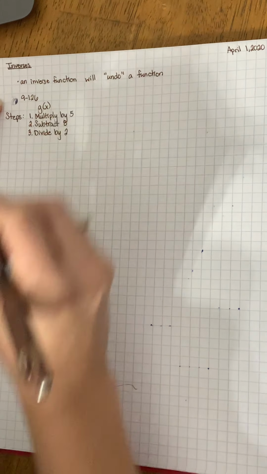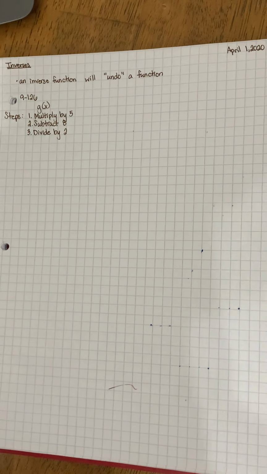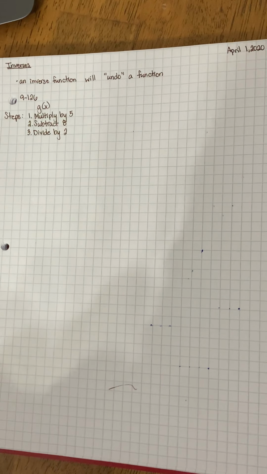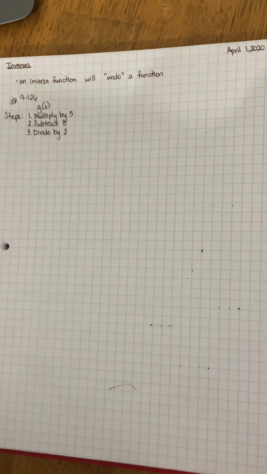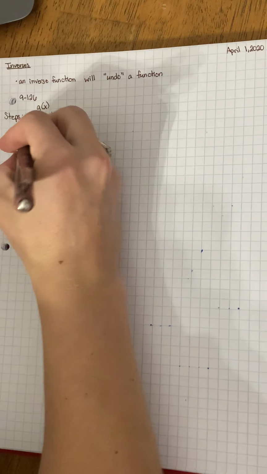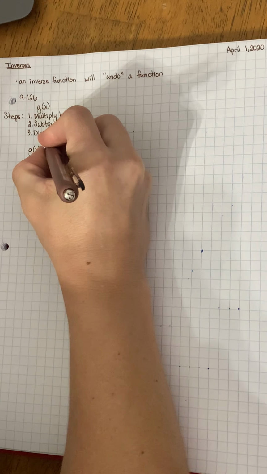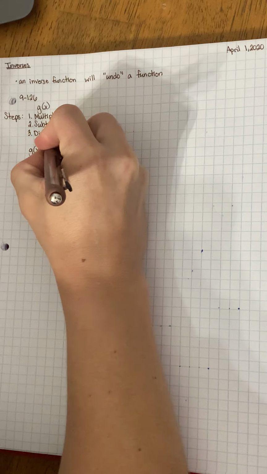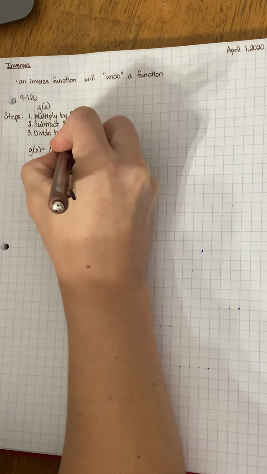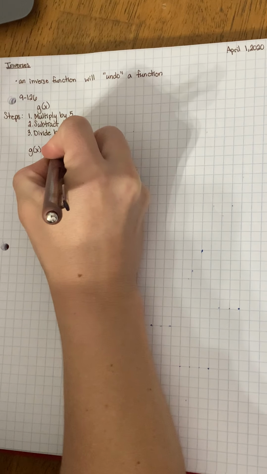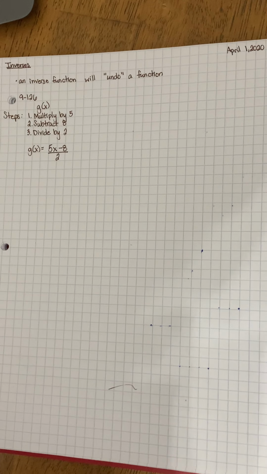And it's written this way in your book, in words. So we need to write the function g of x in symbols. So g of x, multiply by 5. So you take x, you multiply it by 5. You subtract 8 from that, and then whatever you have, you divide by 2. So 5x minus 8, all divided by 2.